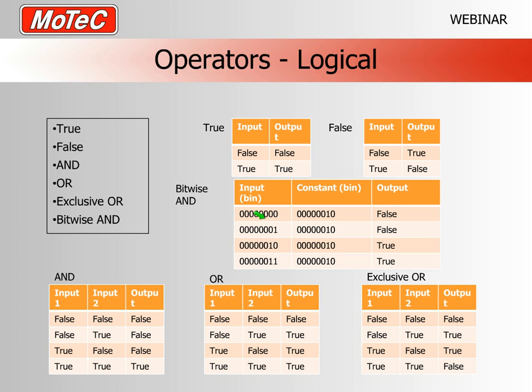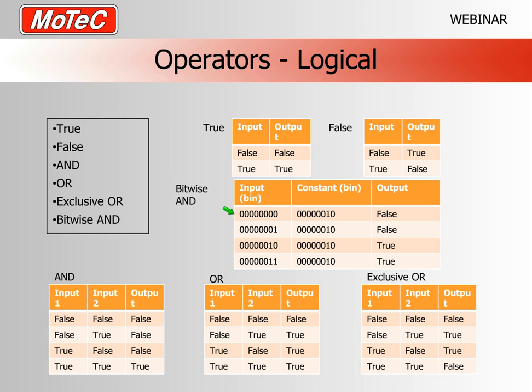So the design of this operation is that we have an input, which may be this status information, for example, and then we have what we call a constant, and what that does is define which of the bits is going to be used to choose a true or false output. And so in this case, we've selected bit 1, which is the second one from the right-hand end. And that means if we have a match with bit 1, we'll get a true output. So in this case, bit 1 might represent, for example, injector 2 being turned on.